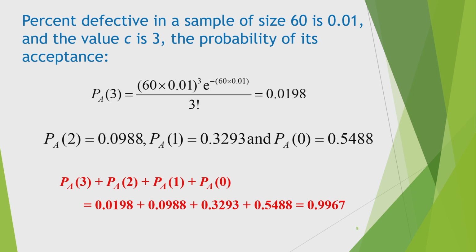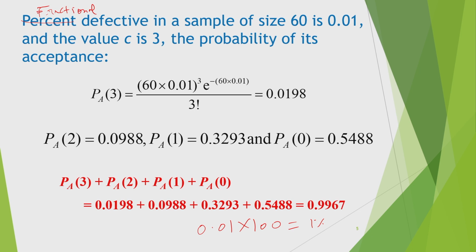Suppose you have fractional defective 0.01, into 100, that means this is 1%. So this is the fractional defective. In a sample of size 60, it is 0.01 and the value C is 3.